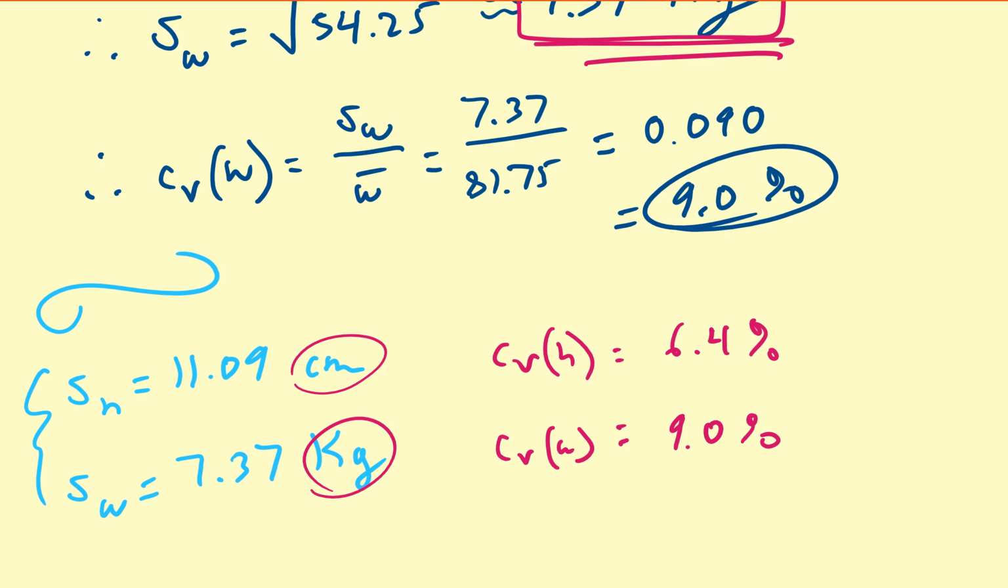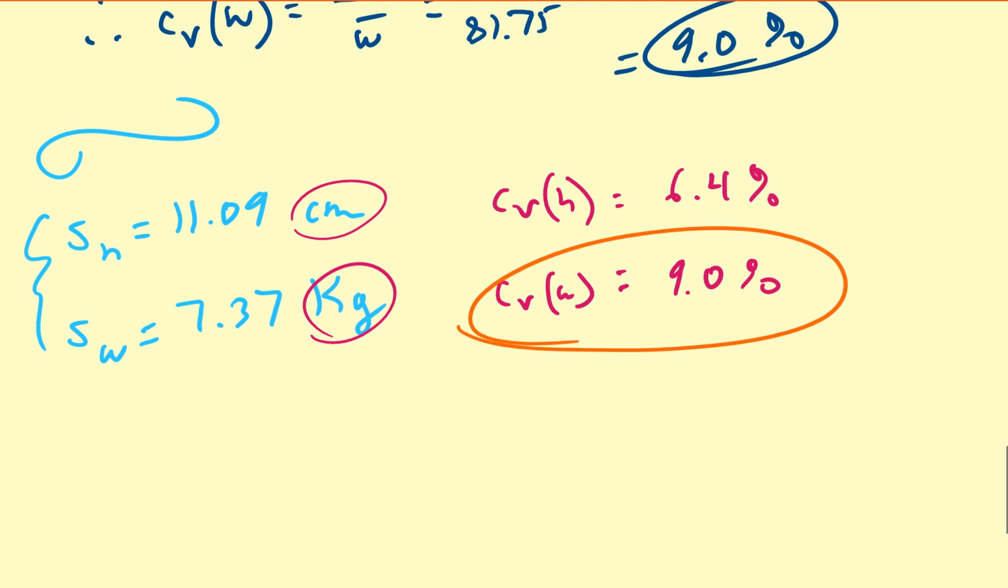Notice here that they pretty much are inverses of one another. So as you see, the coefficient of variation for our weights is larger than the coefficient of variation for our heights.